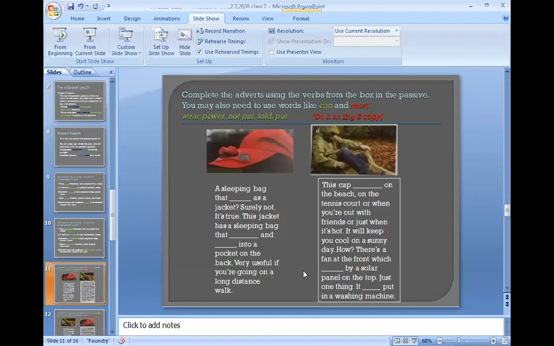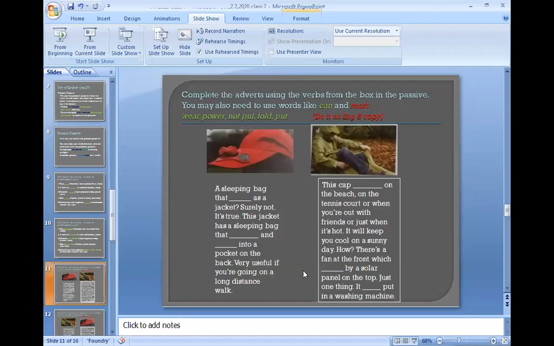A sleeping bag that dash as a jacket. Which word are you going to select? Select the word and then add can or must with it. Okay. I'm going to tell you the answers also, but you need to tell me the answers. What are the possible answers? How are we going to write it in passive?